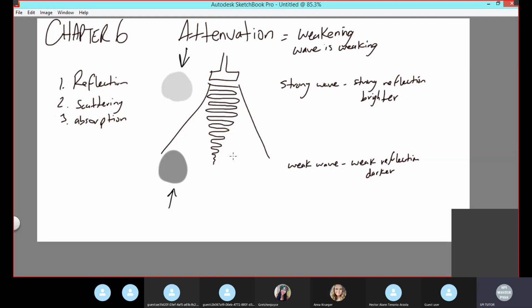These two masses, naturally, without you doing any adjustments or anything, are going to look different. Okay, they're going to look different because the superficial mass will be seen by a strong wave and the deep mass will be seen by a weak wave. Okay, so one will appear brighter, another one darker.